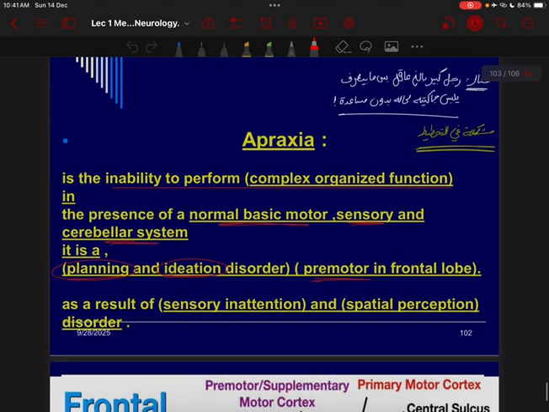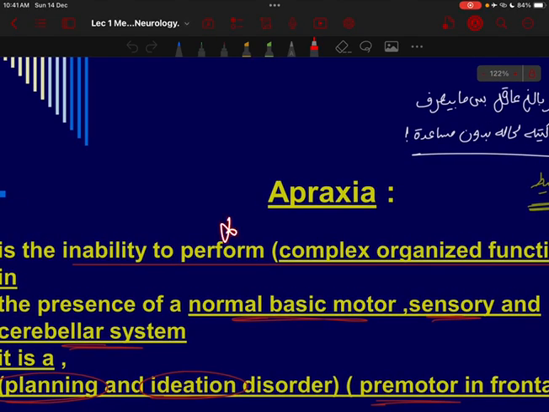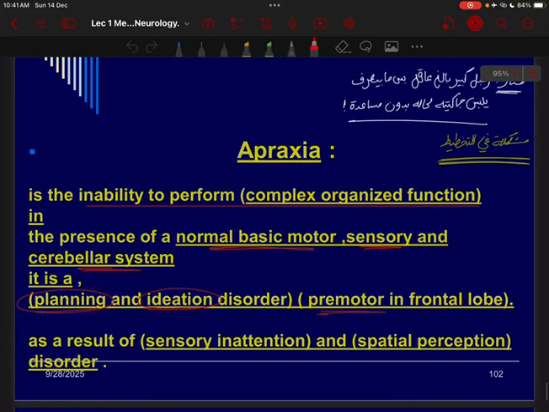There is a term called apraxia, let me explain it briefly. Apraxia is the inability to perform a complex motor function, in spite of a normal motor system and sensory system.